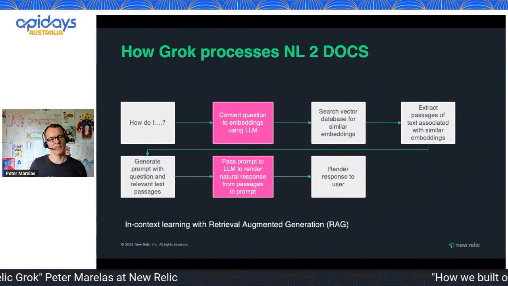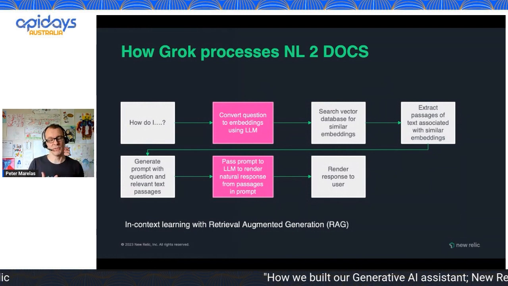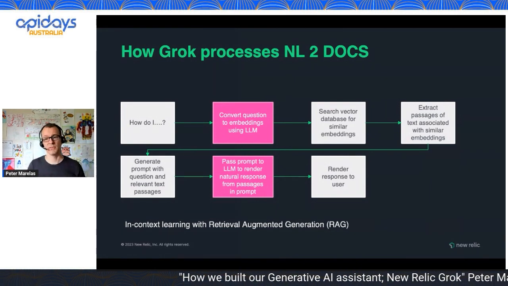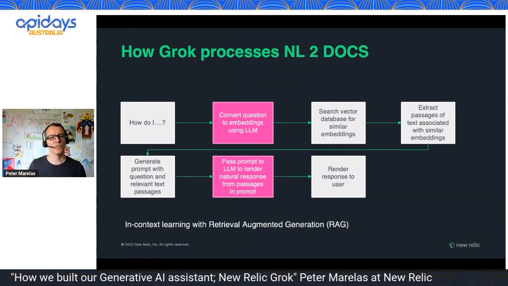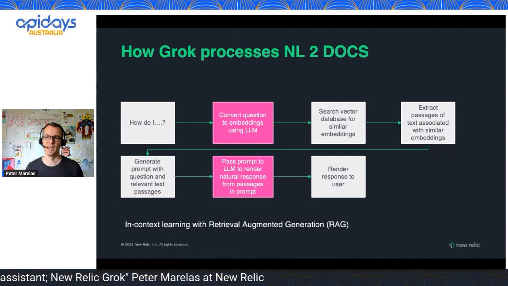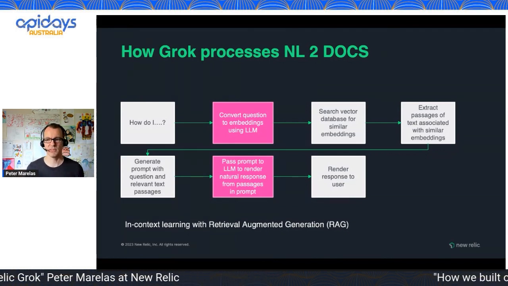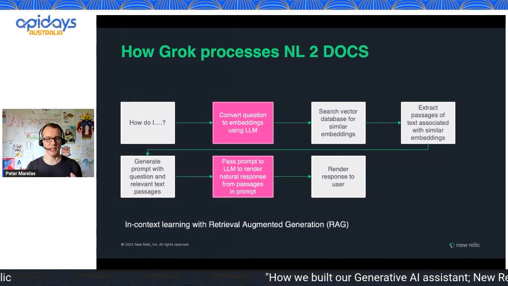Another way that Grok works is it's able to answer questions from our documentation. The process it uses for this is a lot less involved. The way it works is we actually convert a question into what's called embeddings. And embeddings is just a high dimensional vector that represents that particular text.